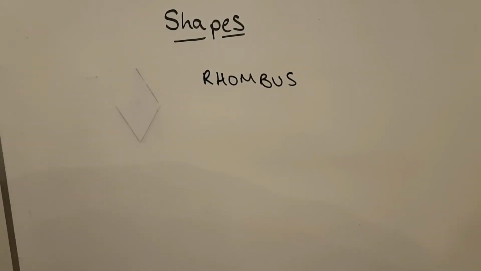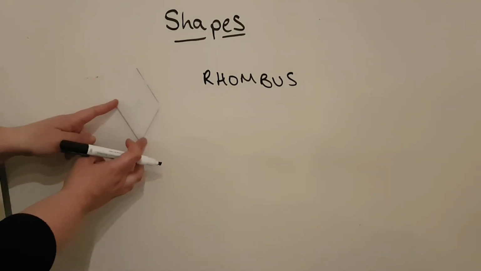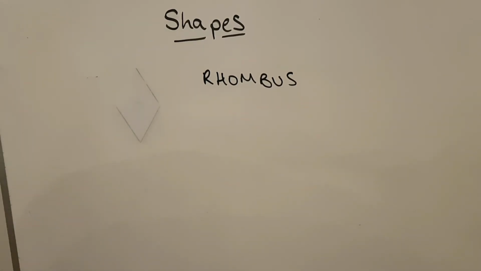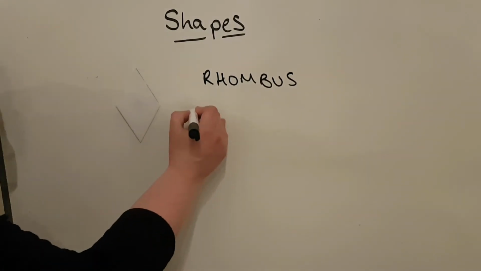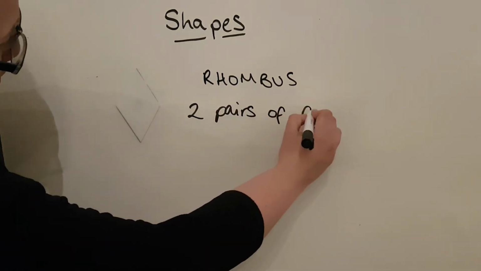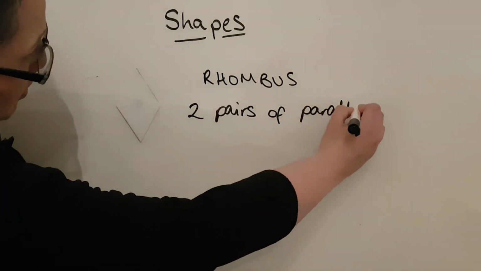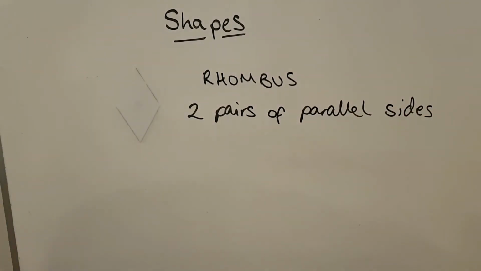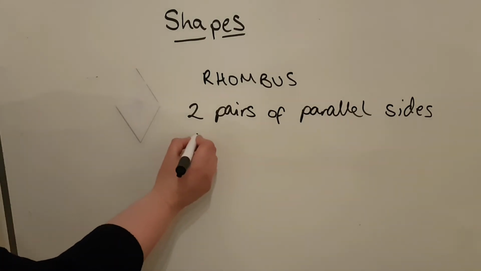It has got two pairs of parallel sides, so these ones are parallel and these ones are parallel, unlike the trapezium. So we've got two pairs of parallel sides. And we have got the opposite angles are equal to each other.